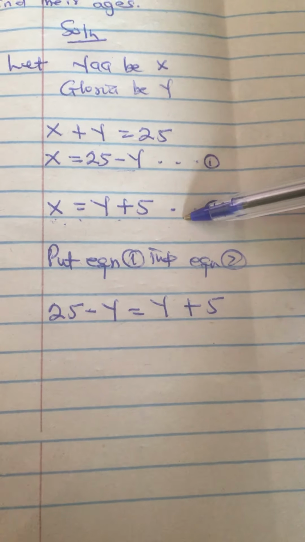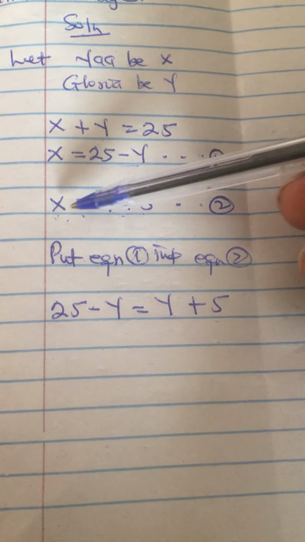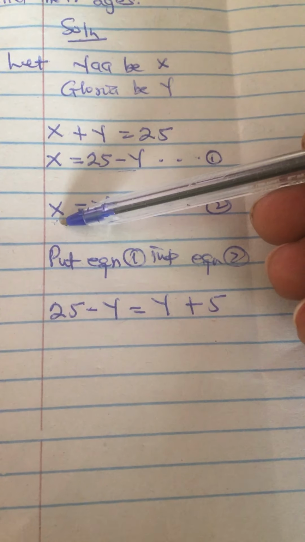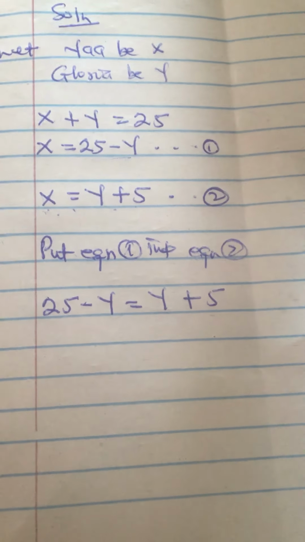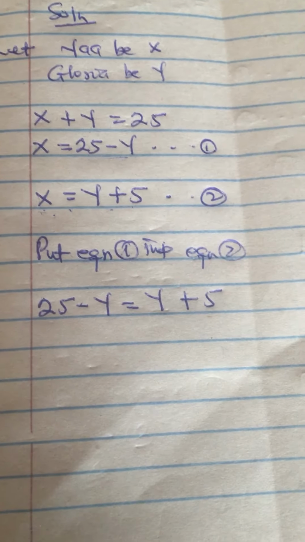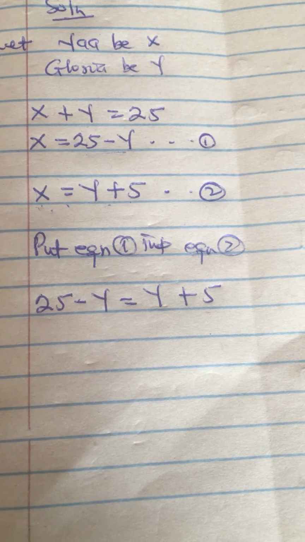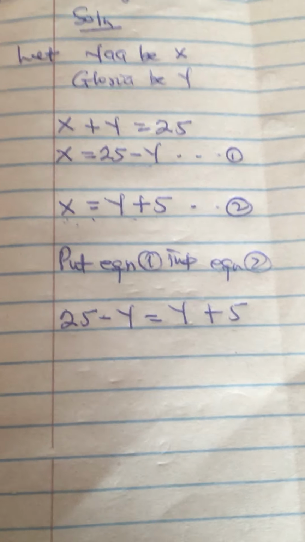Do we understand? So you have to put this into this. Wherever you see x, you wouldn't write the x again. So 25 minus y equals y plus 5. Good.